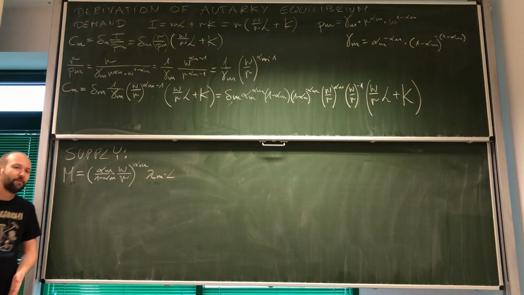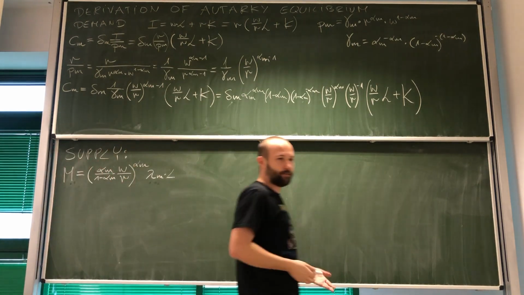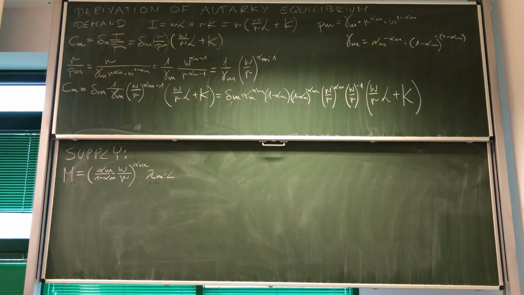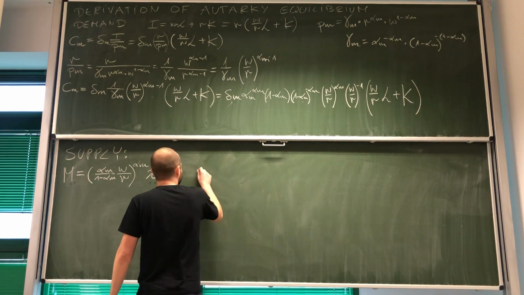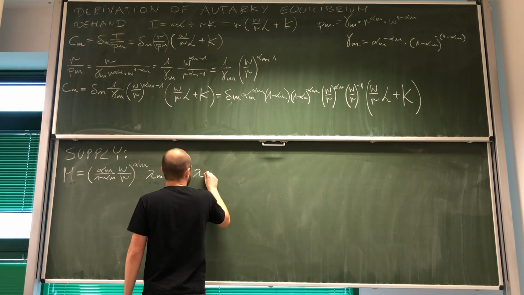Well, lambda m was the share of labor hired in manufacturing. The problem is, of course, that the expression for lambda m is not very pretty, right?